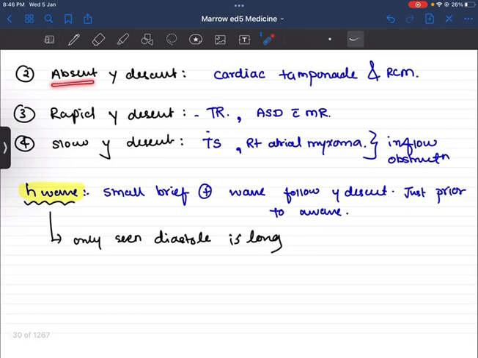Absent Y descent is seen in cardiac tamponade and RCM, rapid Y descent in tricuspid regurgitation and ASD with MR, slow Y descent in tricuspid stenosis and right atrial myxoma, which is also called inflow obstructions.